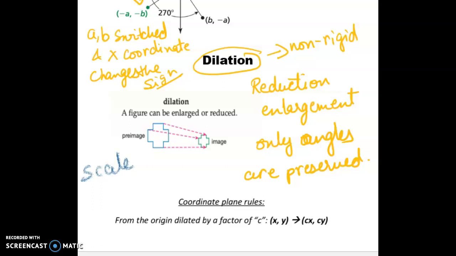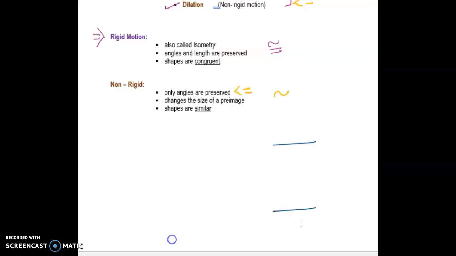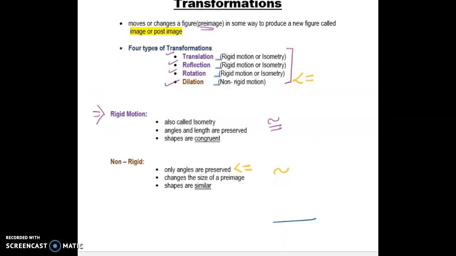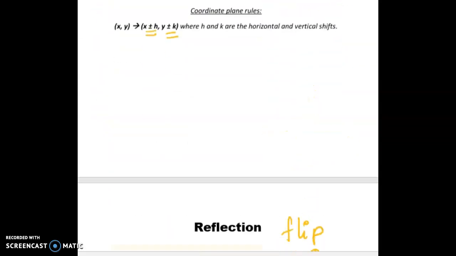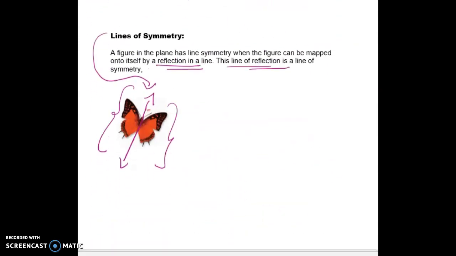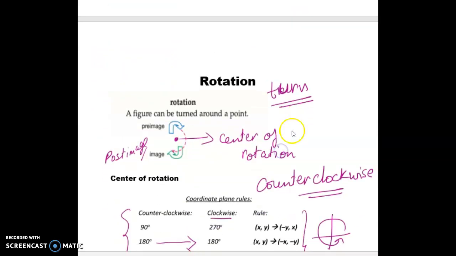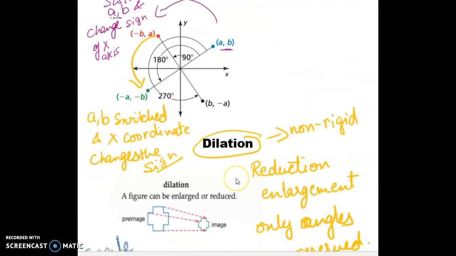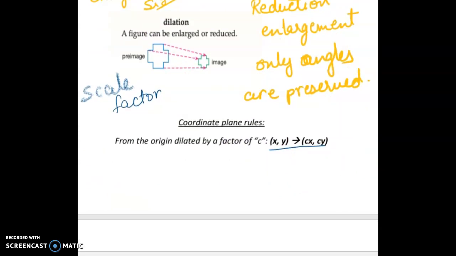So whenever an image is being dilated, we multiply the pre-image with the scale factor. In this particular case, we are considering C as the scale factor. In many books and many online examples, you will find K considered as the scale factor.